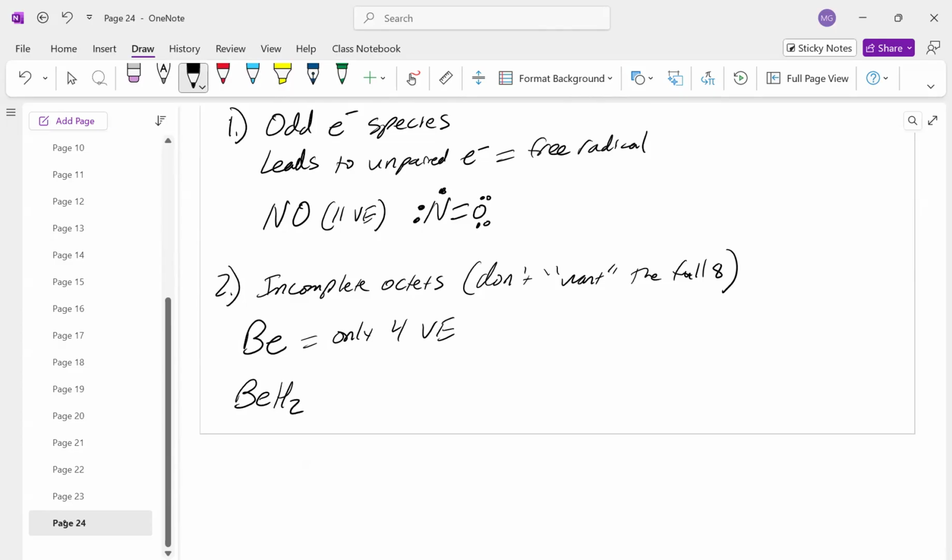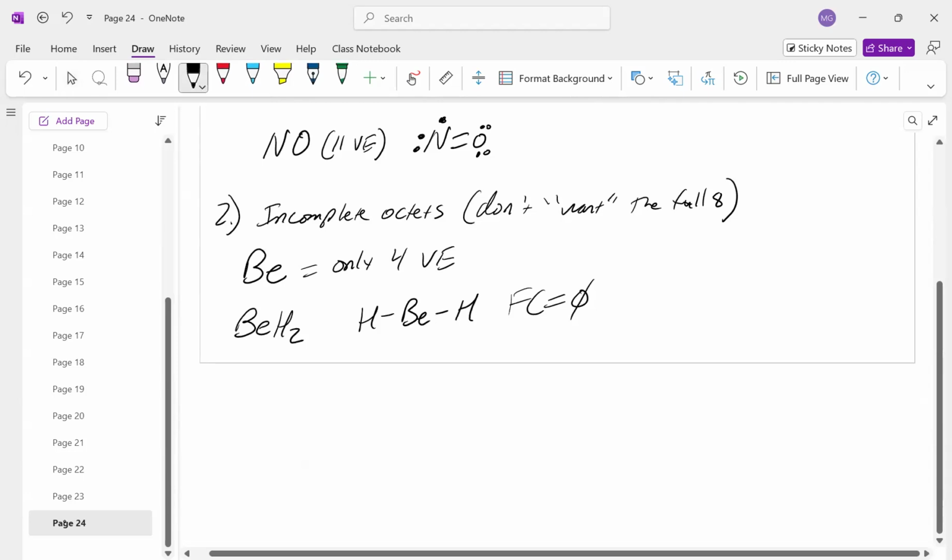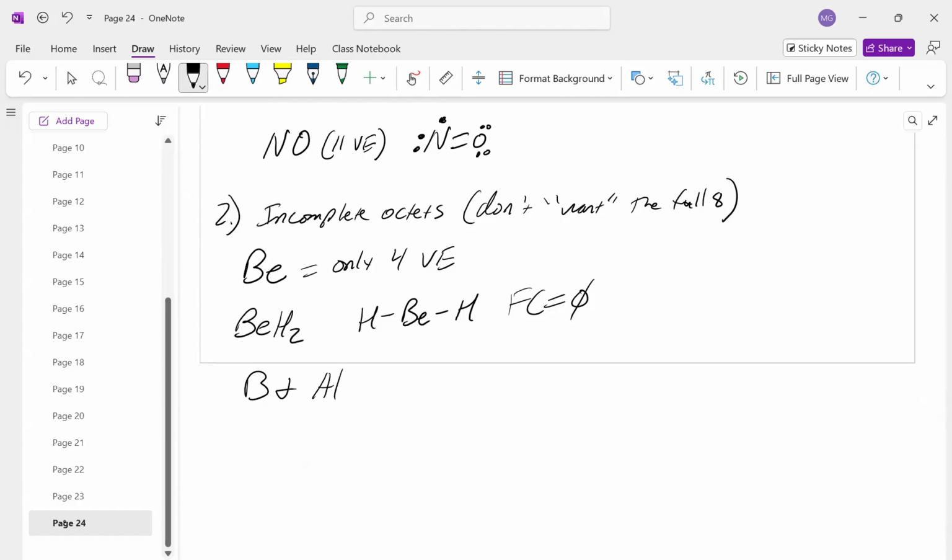When you draw the Lewis structure for it, it looks like that. Formal charge is 0. Some other ones that do this are boron and aluminum. It is quite common to see them with only six valence electrons.